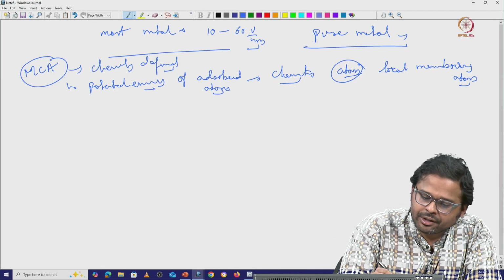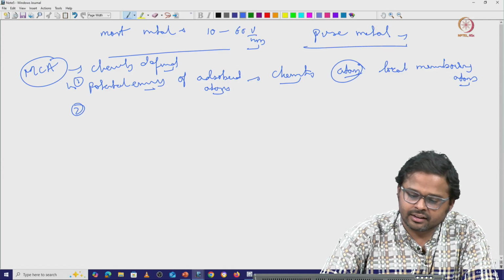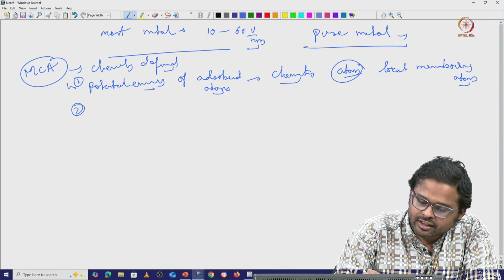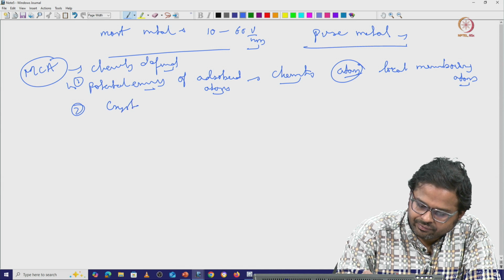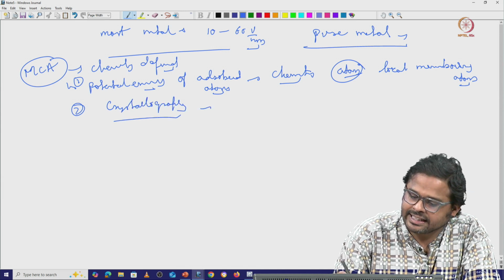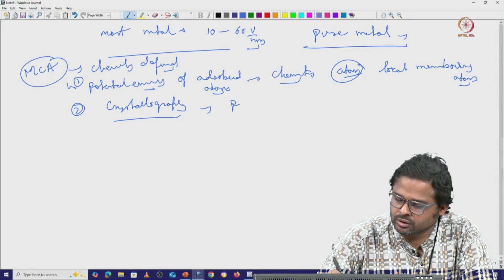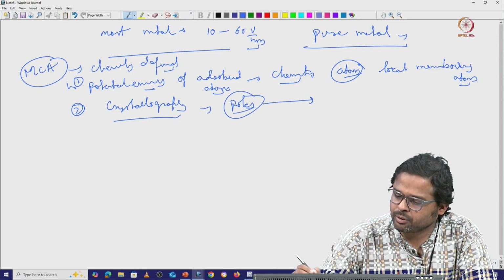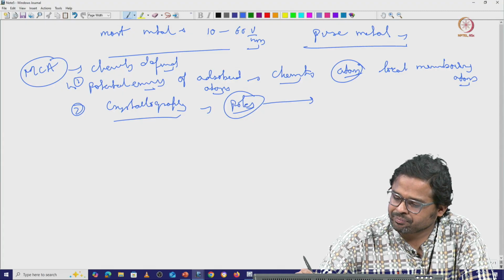And one more important point is that the evaporation field also depends upon the crystallography. It means that, as I told you, these crystallographic poles directly correspond to the atomic terraces.